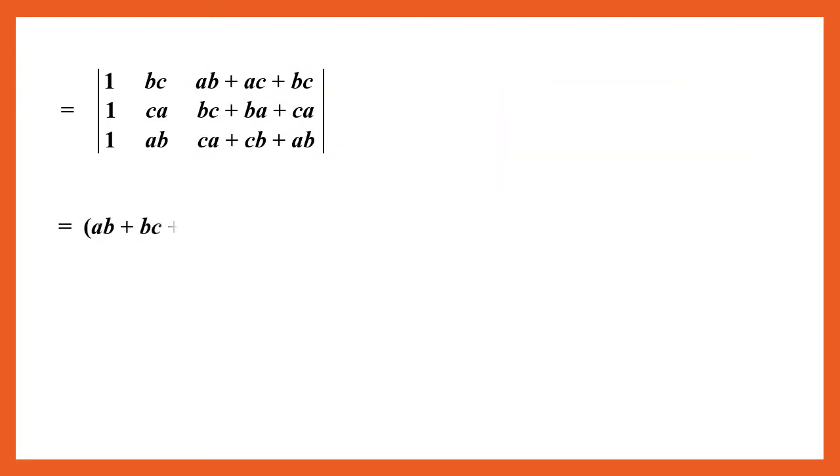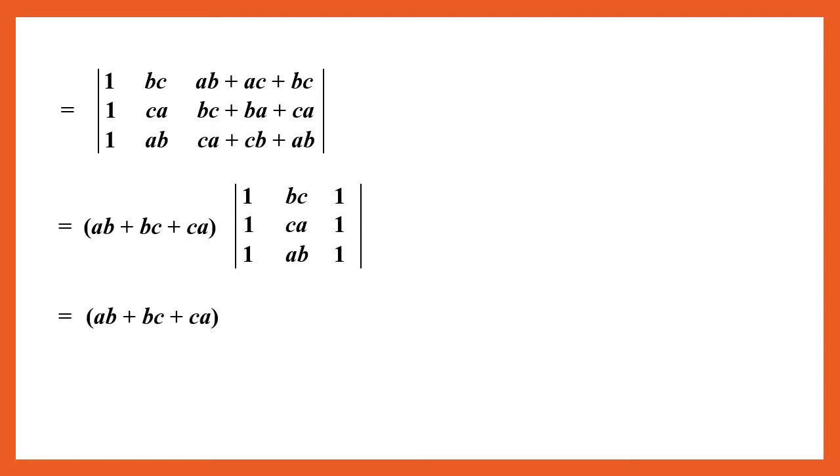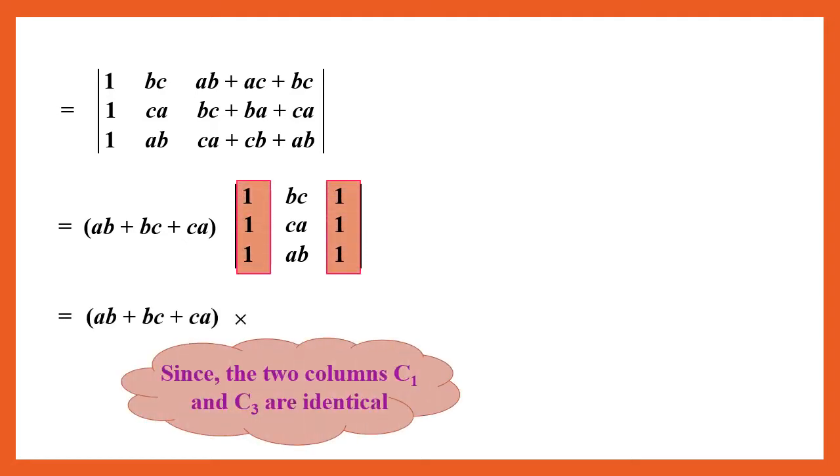So on taking the common factor from the column 3, we get the determinant with rows 1, BC, 1; 1, CA, 1; 1, AB, 1. So the elements of C1 and C3 are identical. So using the property 3, the value of the determinant will be 0. So AB plus BC plus CA into 0 is equal to 0.